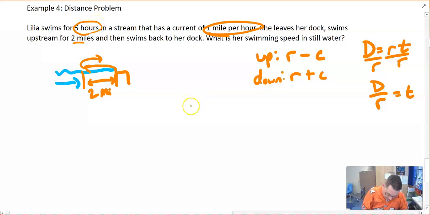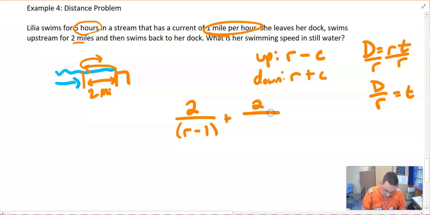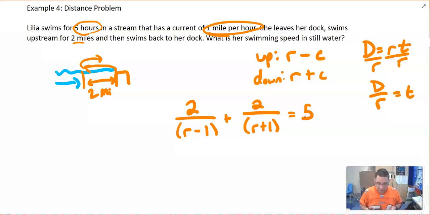So the distance is 2 miles, that's how far she goes upstream, and the rate is r minus the current, which is 1, plus the 2 miles over her swimming downstream, so that's the rate plus 1, and all of that is equal to 5. Now, this is where we've got to solve this rational equation.